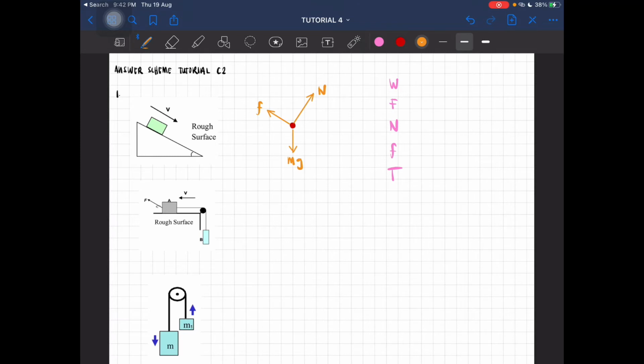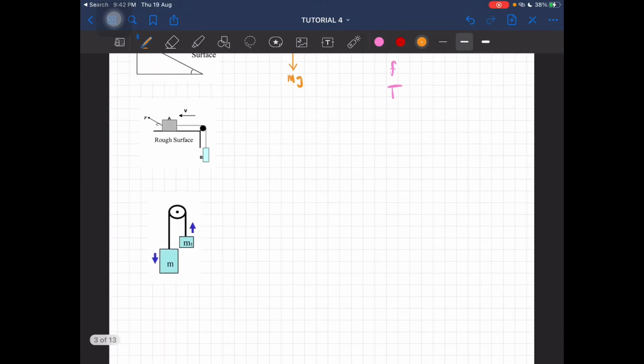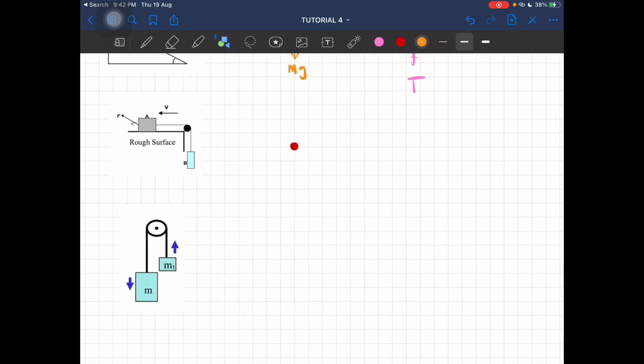Now the second one, again the system is represented by a dot. Let's look at the first block, which is block A. Now we have weight again, the external force, and the tension.